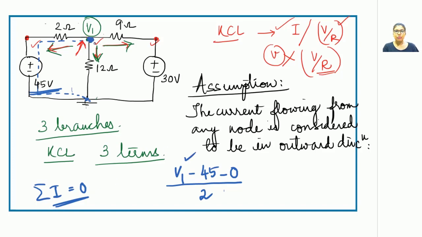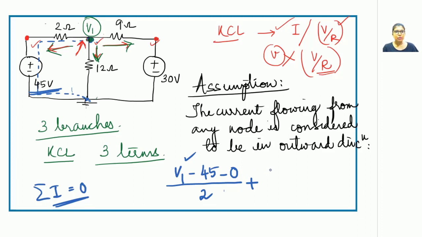Now for this middle branch, the current will flow in the outward direction. So definitely it will start flowing from top to bottom. Is there any presence of voltage source in this particular branch? There is none. There is only one potential, that is V1, and finally it is coming to the ground potential. So there will be a plus because all the currents are assumed to be going in the outward direction.